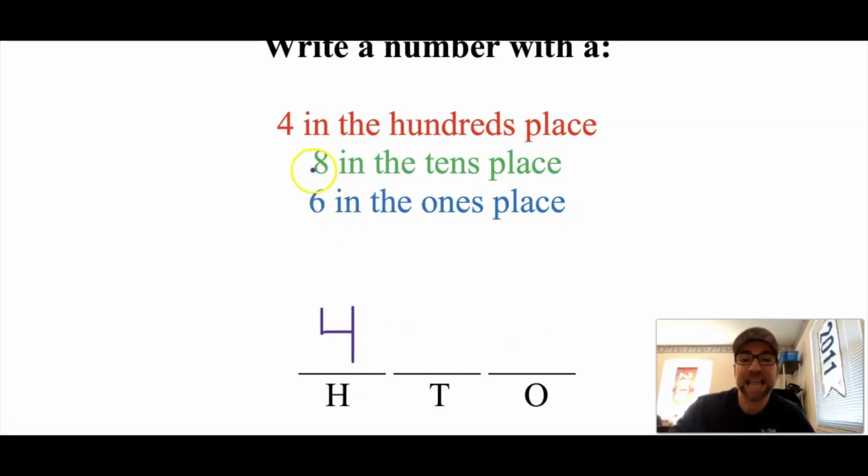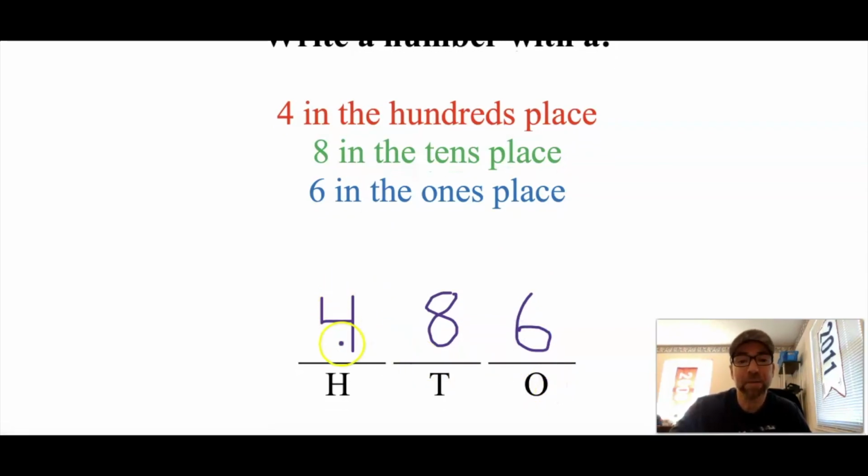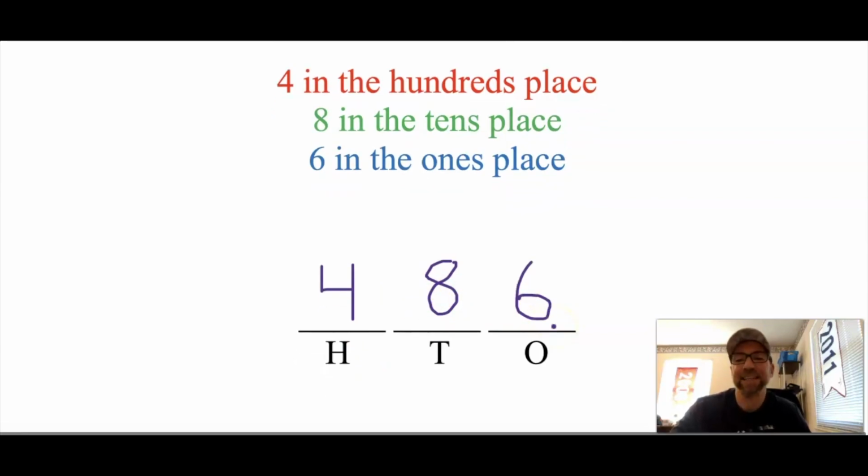Then I'm going to write the 8 in the tens place. The tens place is my 2nd place in the middle. And then a 6 in the ones place. And my ones place comes at the end. So I have the number 486.